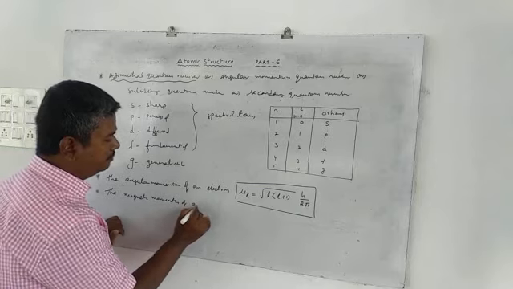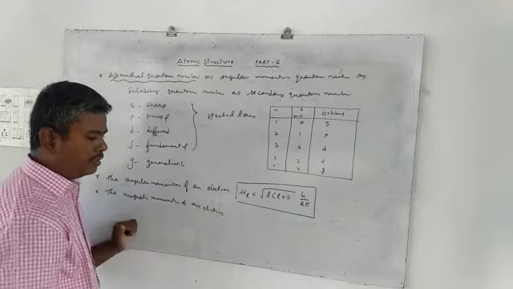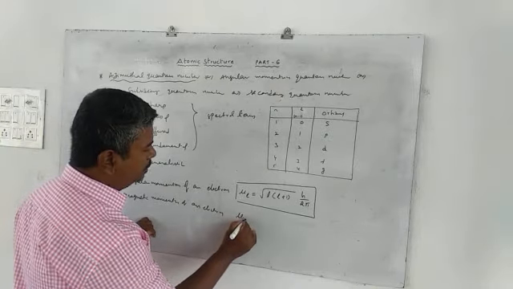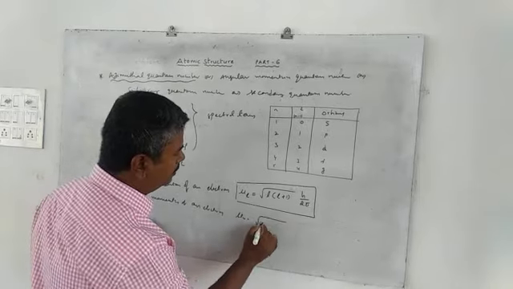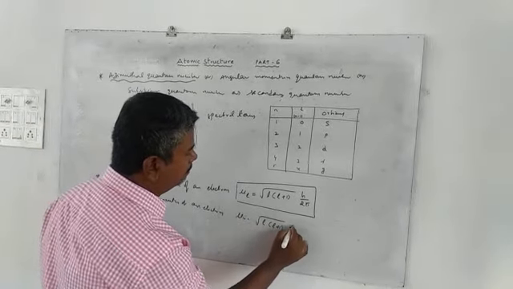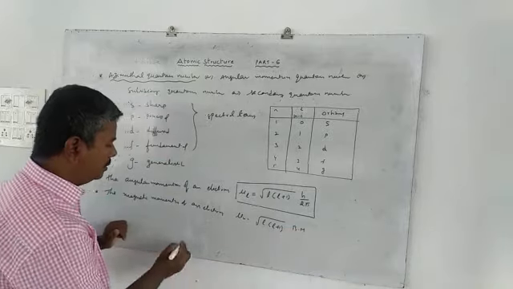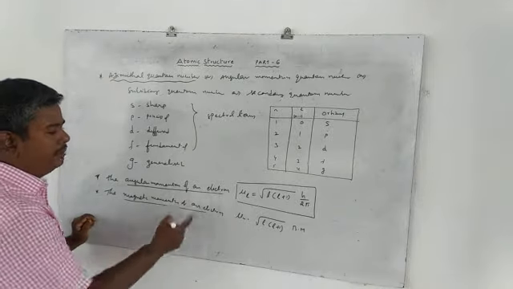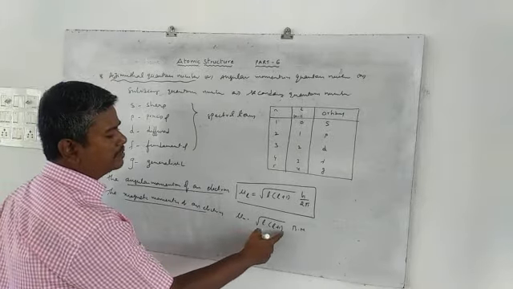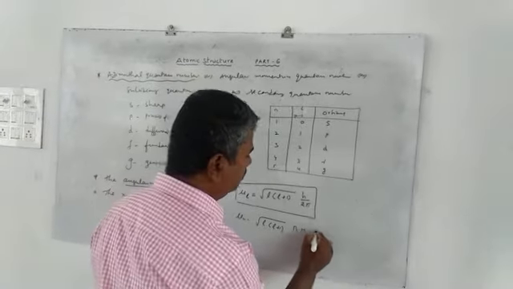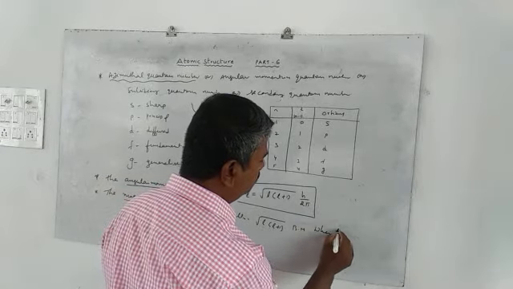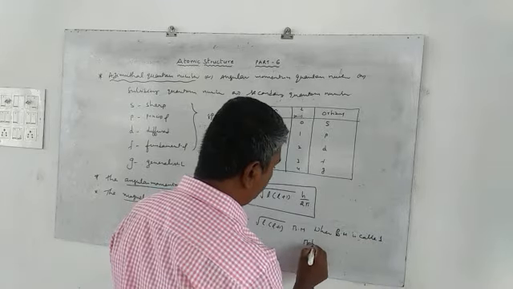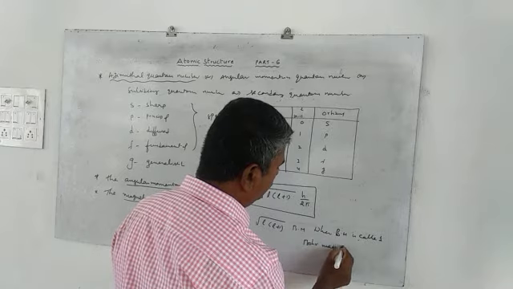As well as the magnetic momentum of an electron, which can also be calculated. Mu equal to root over L into L plus 1 into Bm. So this is the angular momentum of an electron. This is the magnetic momentum of an electron. Magnetic momentum is calculated as root over L into L plus 1 Bm, where Bm is called Bohr magneton.